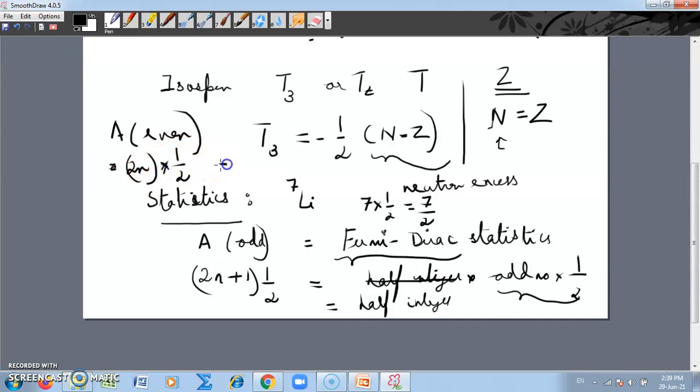So this is equal to n, which will definitely be an integral spin. The integral spin gives Bose-Einstein statistics. So we come to know that when A is odd, the nucleus obeys Fermi-Dirac statistics. When A is even, it follows Bose-Einstein statistics.